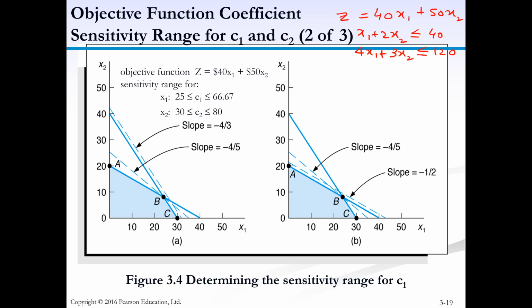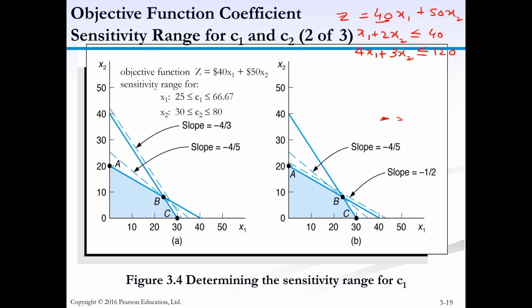Now we want to see how much this $40 profit can change such that the corner point, which is B, remains optimal.